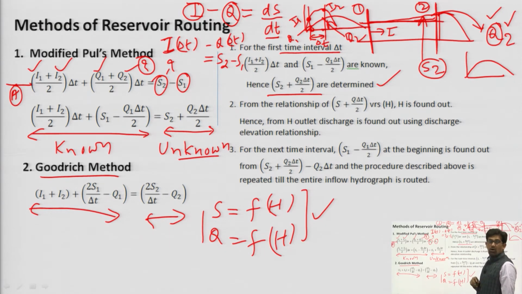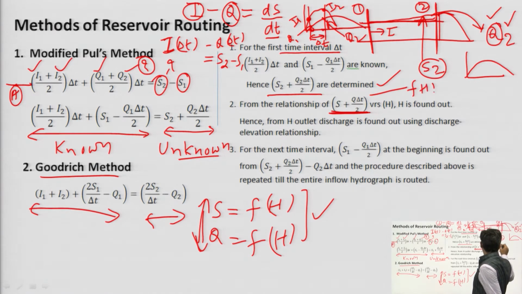And step number 2, from the relationship of S plus Q into delta T by 2 versus H, since this is known to us, that S plus Q delta T by 2 will be a function of H also, and therefore H is found out.